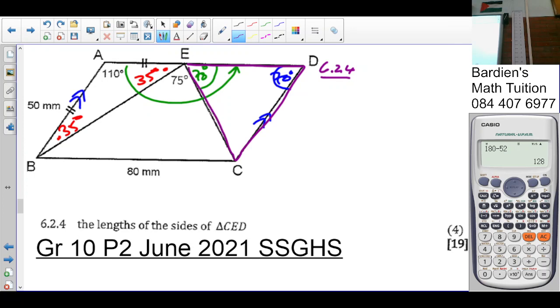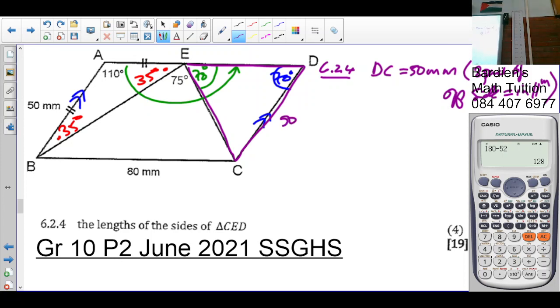So if AB is 50 millimeters, then DC is going to be also 50 millimeters. Why? Two pairs of opposite sides equal in a parallelogram. There's 50 here.